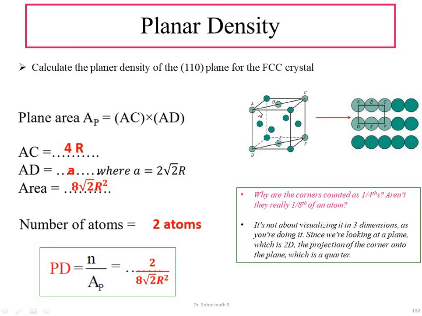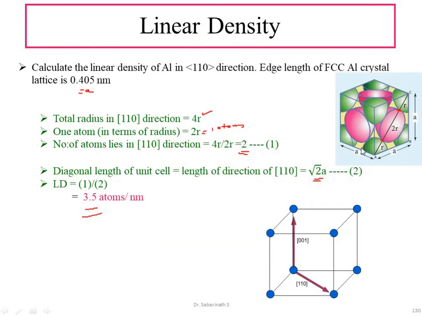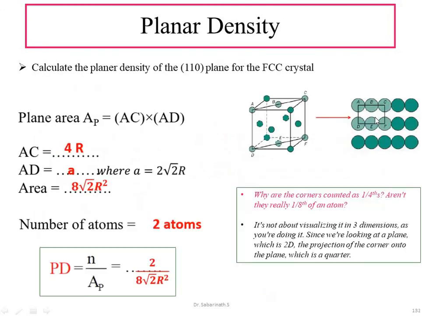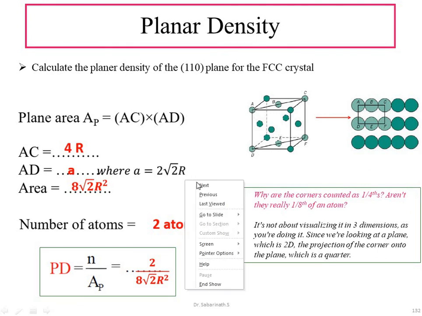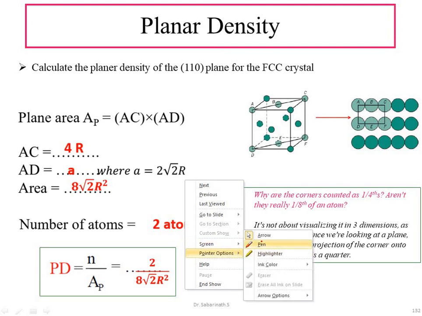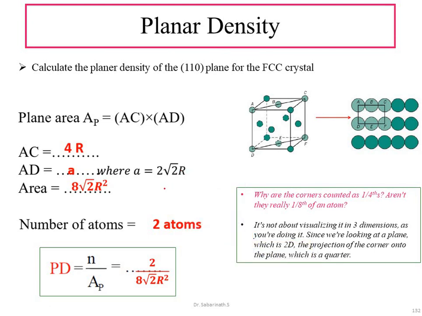We have seen from our earlier figure that the diagonal value will be r plus 2r plus r. In terms of radius, the value is 4r, and the edge length AD, which is equal to a, in terms of r is 2 root 2 r. So totally AC into AD is 8 root 2 r square in terms of radius.